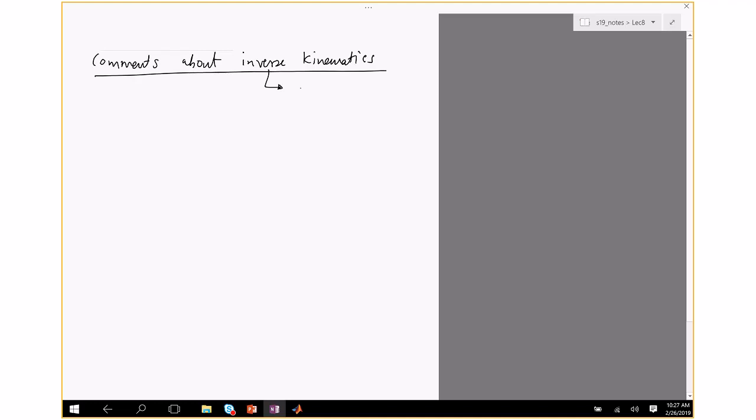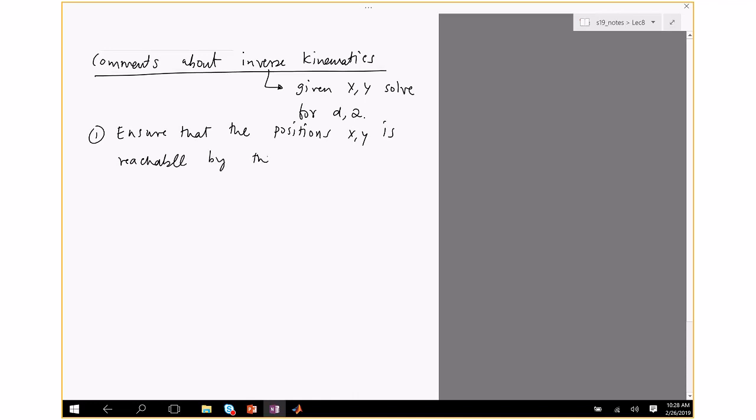Given x, y, solve for d theta. So the first thing you want to do, if you are given a problem where you are told to, let's say, get the manipulator to draw something, move somewhere in the space, is ensure that the position x, y is reachable by the manipulator.